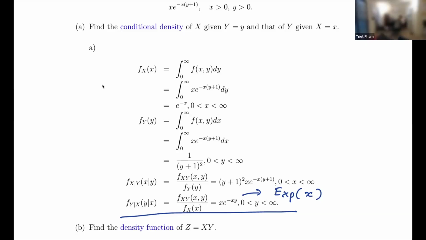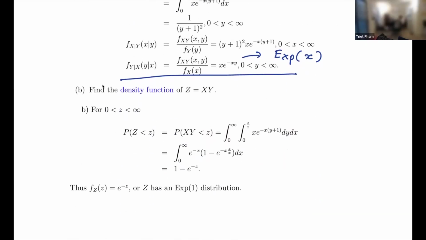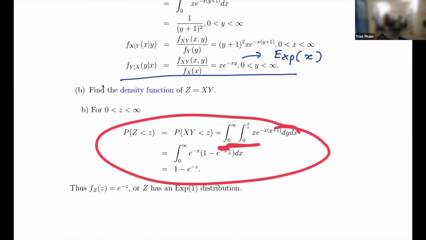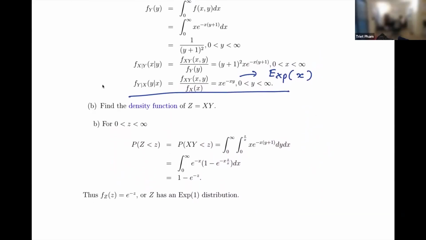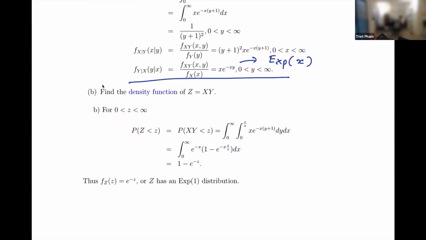And that's going to be the approach here. Again, not a must. Here, actually, it turns out I just work with the joint. But yeah, let me show you how to work with the conditioning. So the probability x times y less than z is the probability. So I want to condition on X.